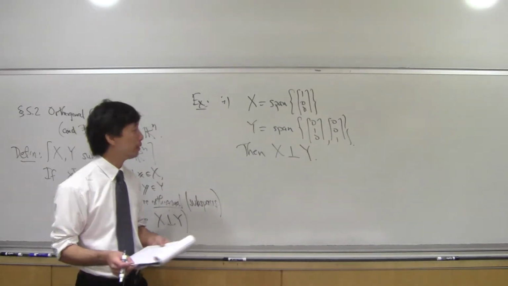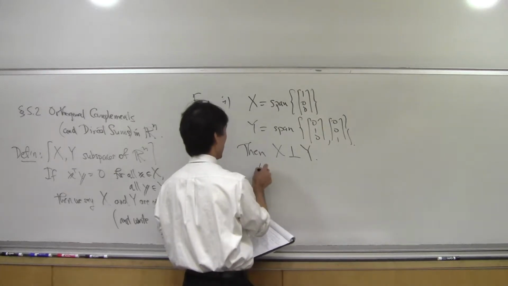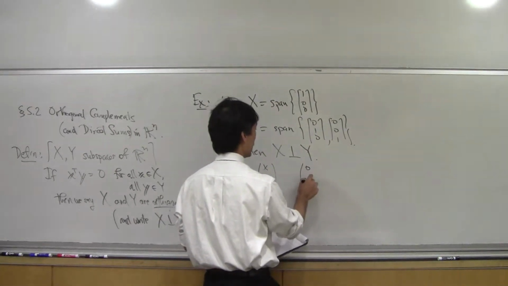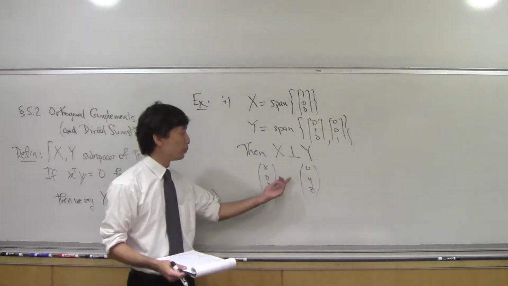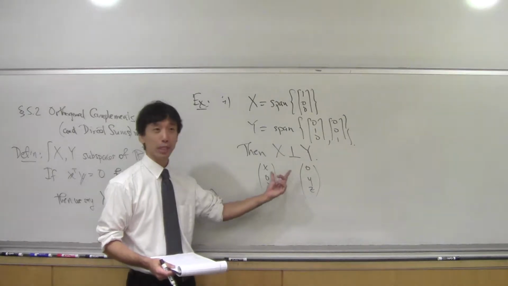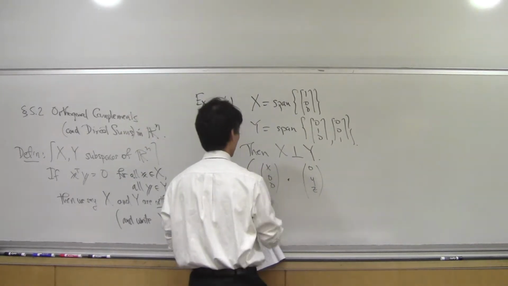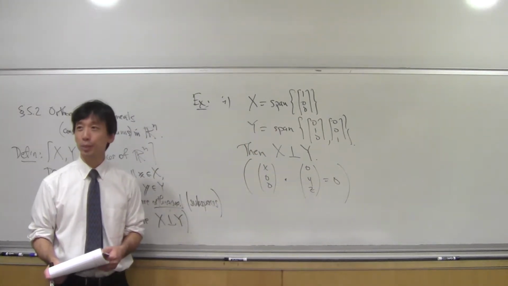Because anybody in X is going to look like (x, 0, 0), and anybody in Y is going to look like (0, y, z). If you take the dot product of these two vectors, you're going to get 0.